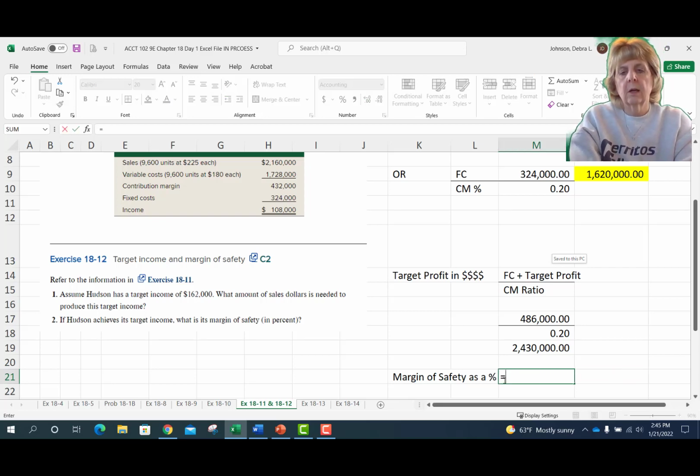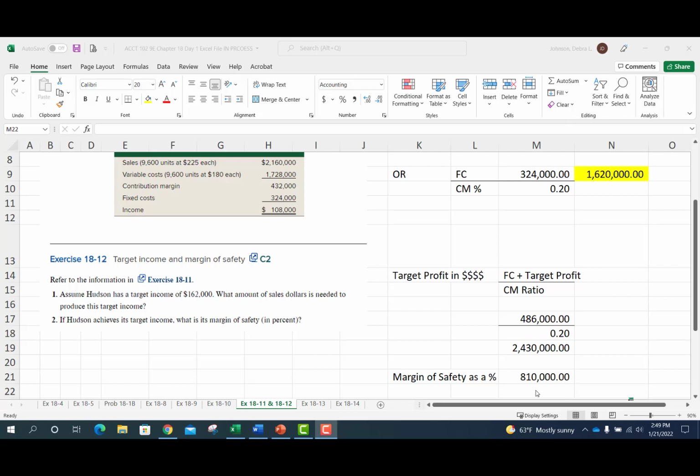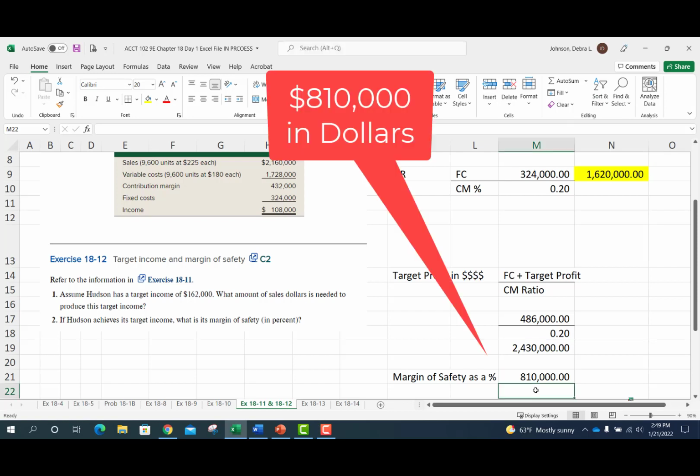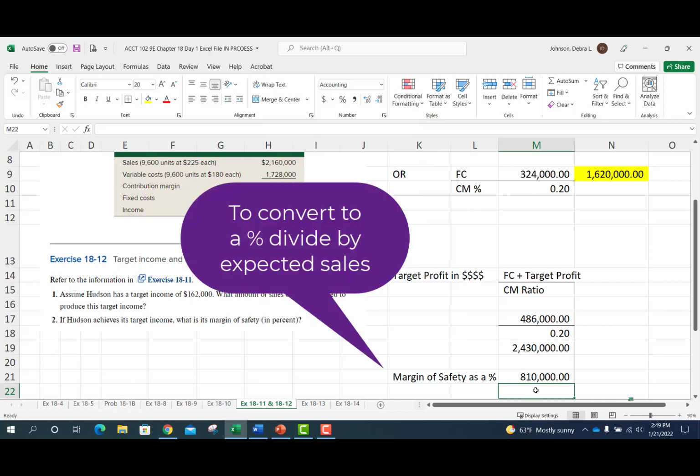We said the target sales to achieve that desired profit was $2,430,000. We know that the break-even sales that we calculated previously is $1,620,000. To turn the $810,000 cushion in sales dollars into a percentage, we will divide the $810,000 by the actual expected sales.